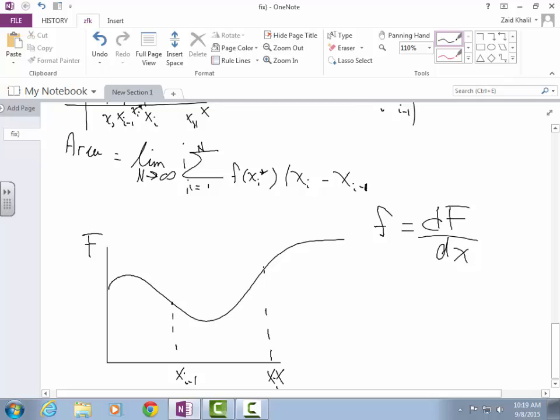So now there's going to be a point in between here, let's take, I think, this point, such that what is true? The slope of the tangent line is equal to the slope of the secant line of the interval. Anybody know what that's called? That's right. That's the mean value theorem.